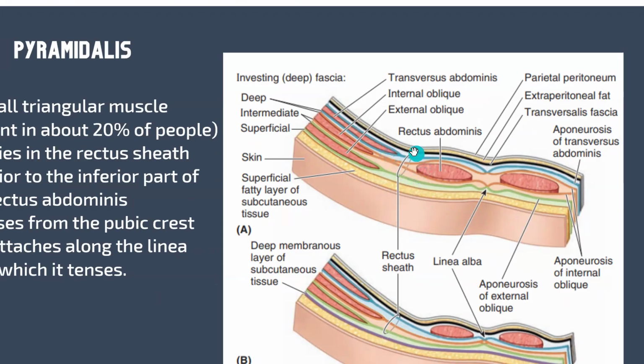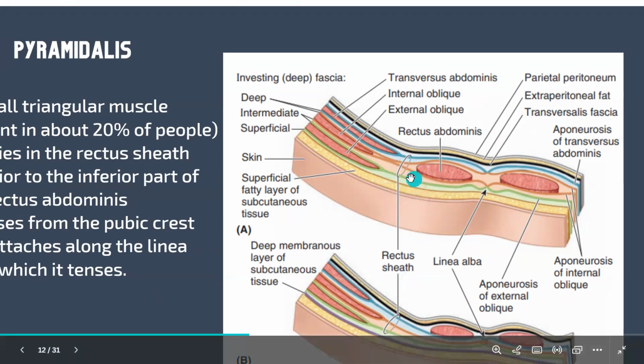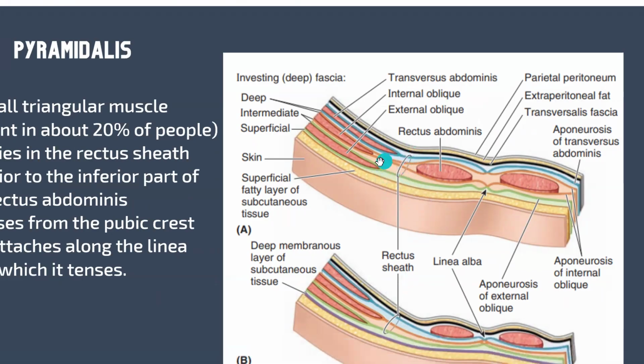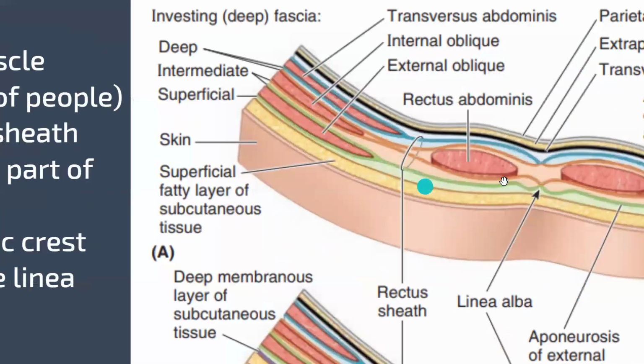Now, this is called the rectus sheath because these sheaths not only enclose the three muscles of the abdomen, but also enclose the rectus abdominis from the right and left, like you see here. Look at this very closely. Now I will make it larger.